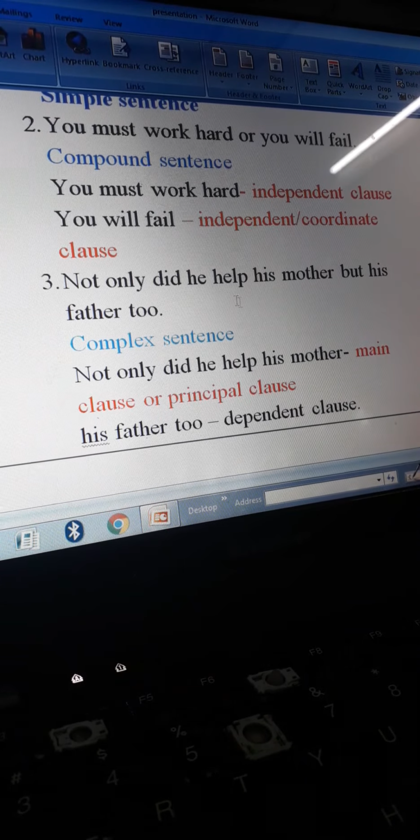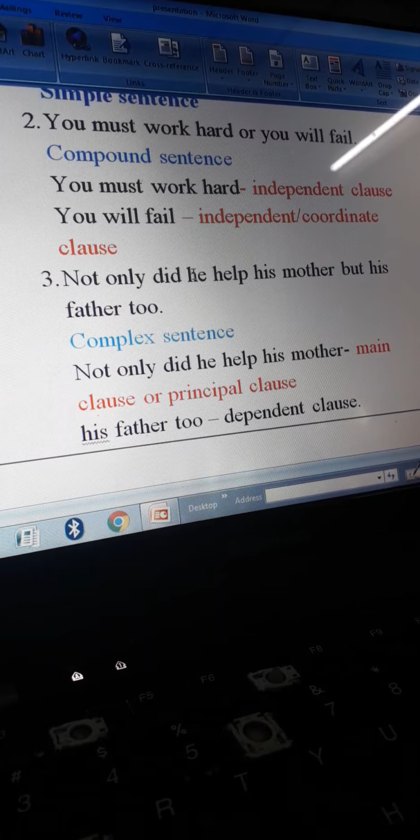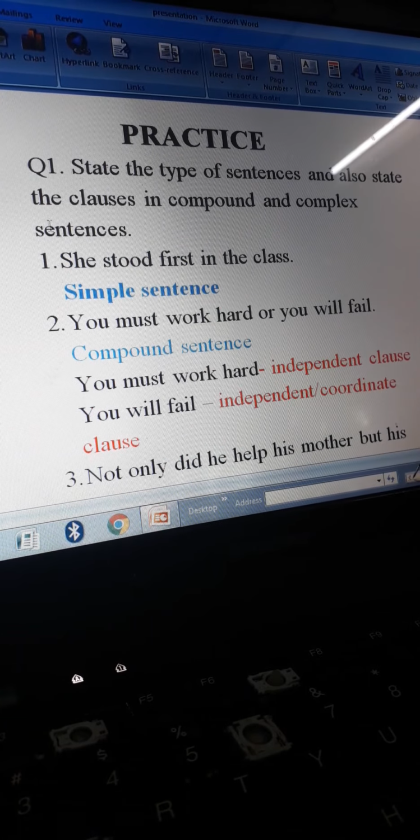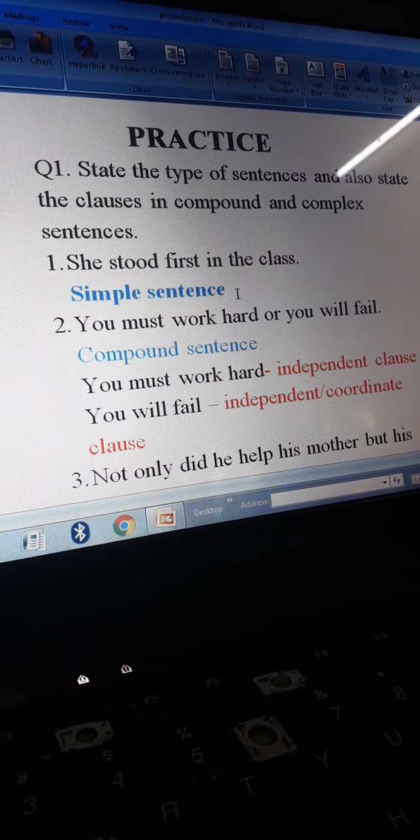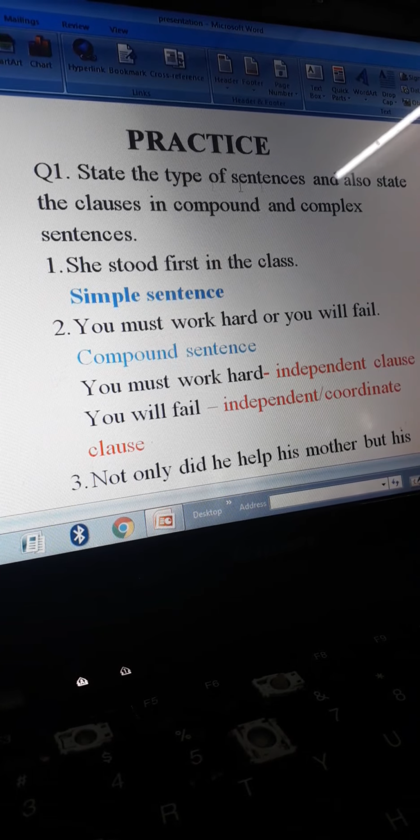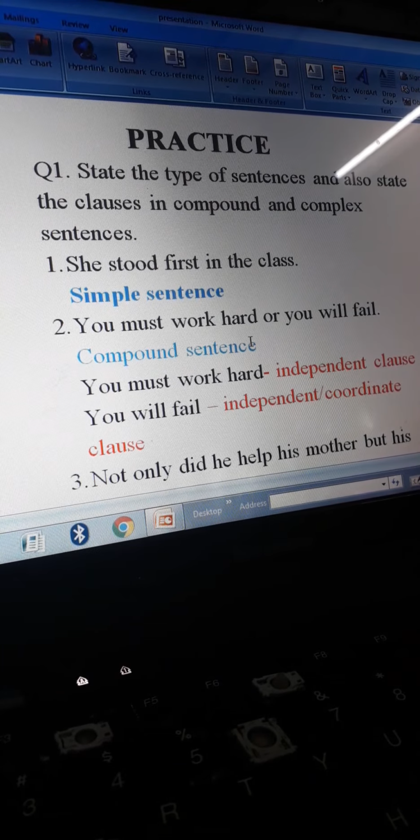Likewise, you have to solve the worksheet I have given. You have to first of all identify the sentence. Okay, if it is a simple sentence, then it's quite obvious you have to write only simple sentence. If it is compound or complex, you have to see the clauses whether they are making good sense on their own or not.